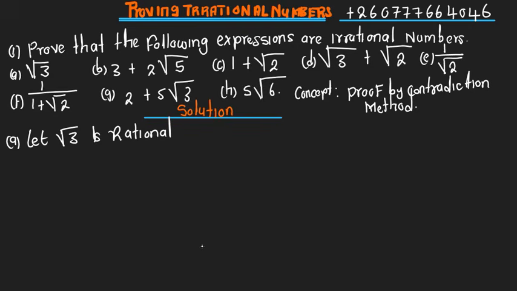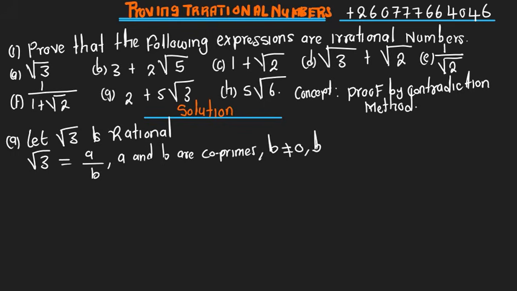So if that is true, then root of 3 is going to equal a over b, where a and b are what we call coprimes, or numbers that are only divisible by 1 and themselves, and that b cannot equal 0, because if b is equal to 0, the function is going to be undefined.